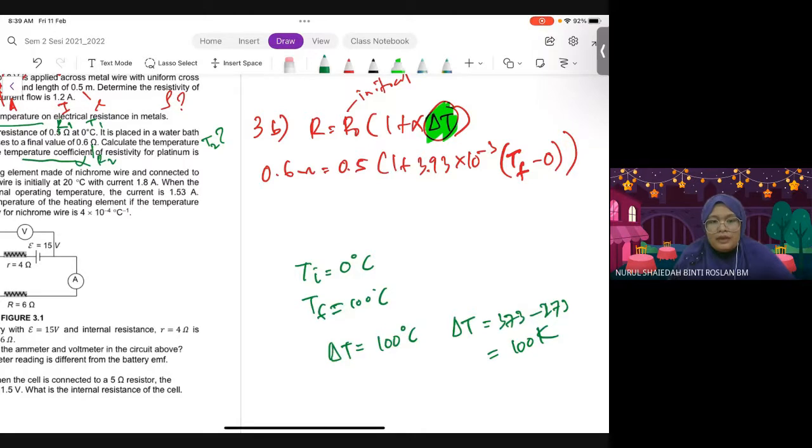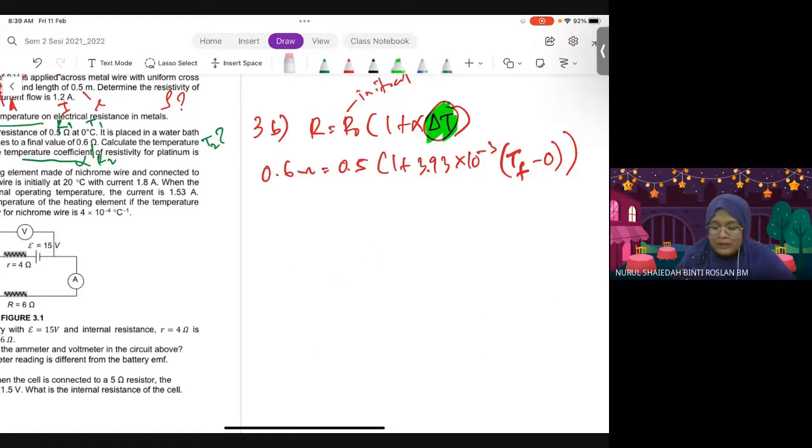So that's why you don't have to change. But you need to tukar bila formula dia melibatkan T saja without delta. Contoh PV equals to nRT. Yes, this one kena tukar Kelvin. Kalau delta tak perlu tukar.